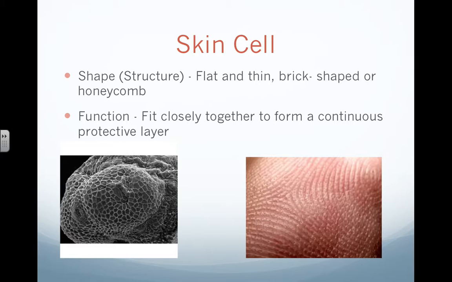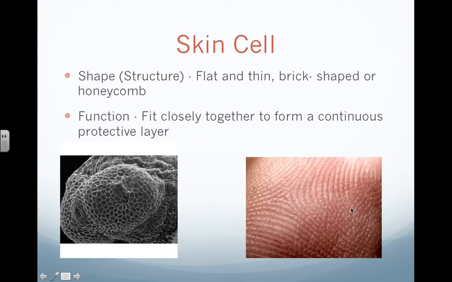Second is skin cells. These are flat and thin. They're brick-shaped or honeycomb. These fit closely together, and this is their function: they fit closely together to form continuous protective layers. If you take a look at your skin, you can see some of the lines or shapes in it. Or if you've ever done a fingerprint with ink on paper, you can see this shape in your hand.